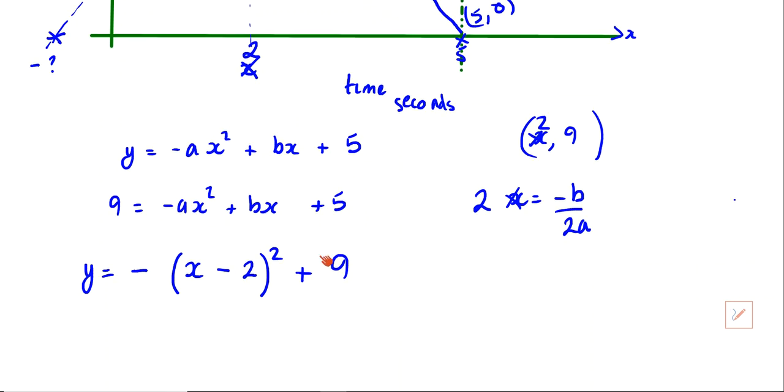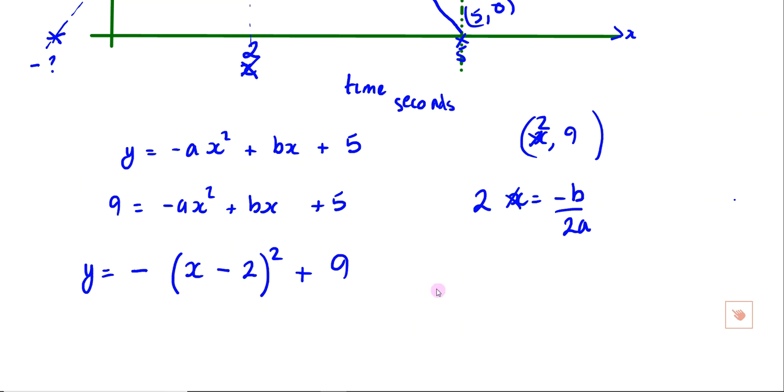Where do you get that, the negative, minus 2 squared? Because the vertex is at positive 2, positive 9, so we've got positive 2 inside the bracket. Does that work? Yes.